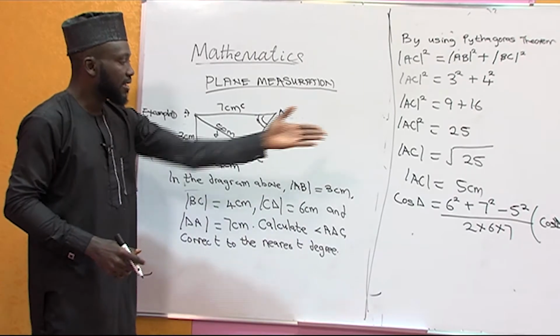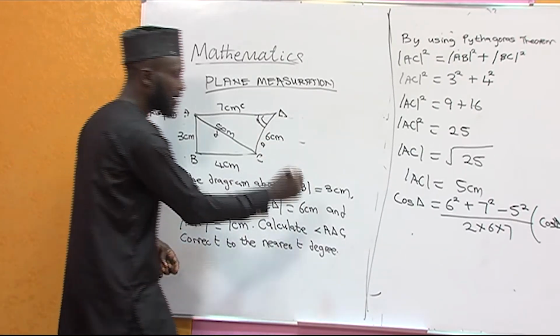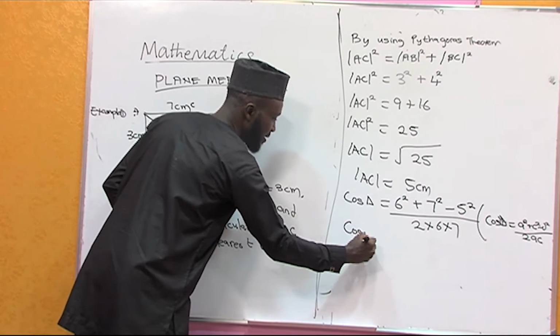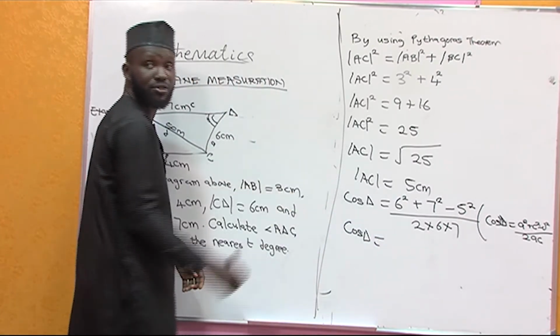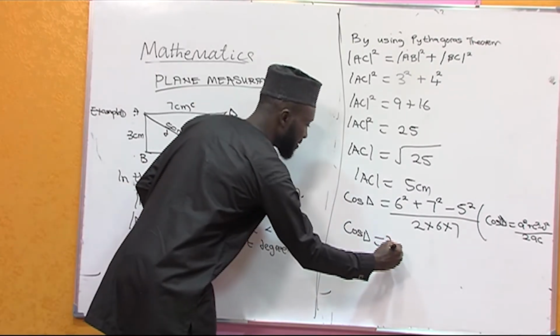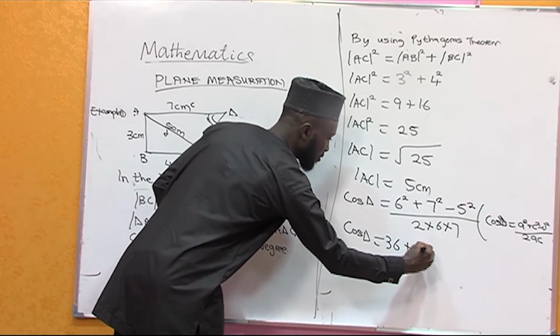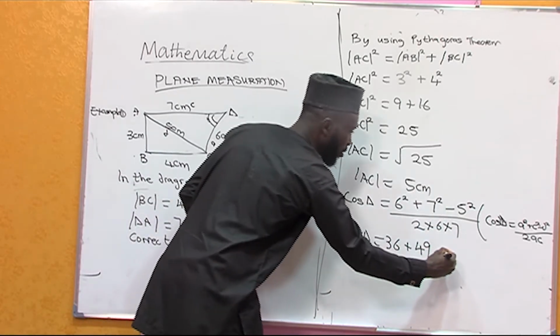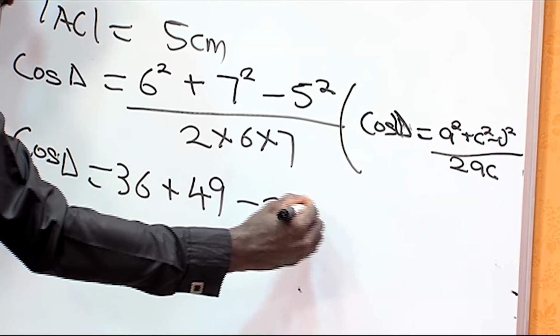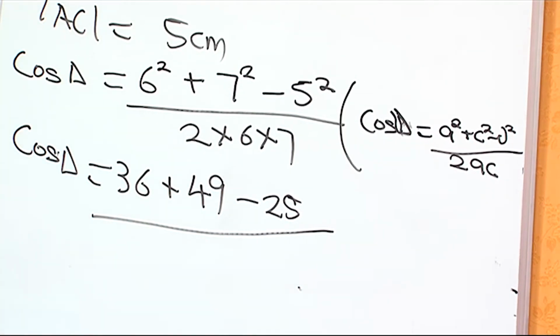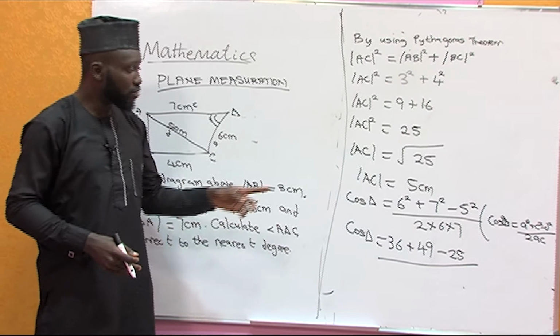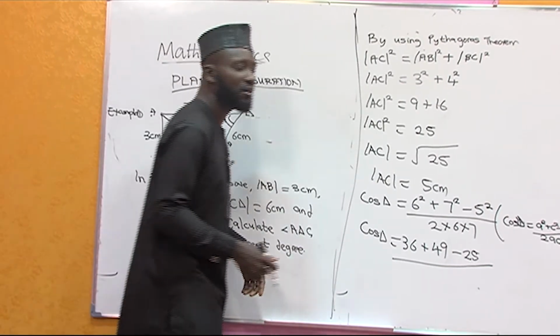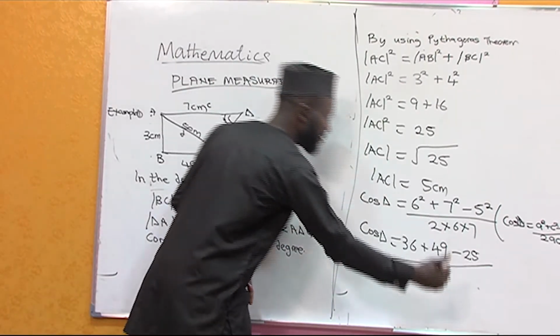Then from here, let me just clear the fraction. So I have cos D is the same thing as 6 square, which is 36, plus 49, then minus 25, over 2 multiplied by 6, which is 12. 12 multiplied by 7 is going to give me 84.